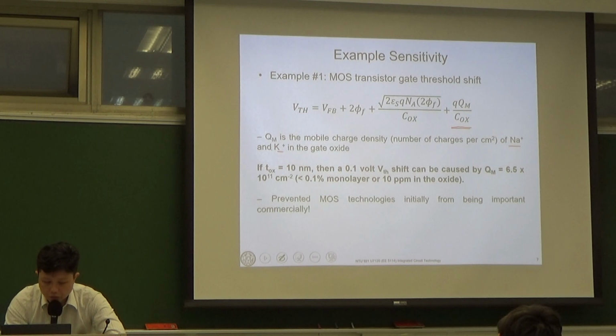For example, if we have oxide whose thickness is 10 nanometers, and if you have this QM like 10 to the 11 per centimeter square, it will cause you 0.5 volt VTH shift.